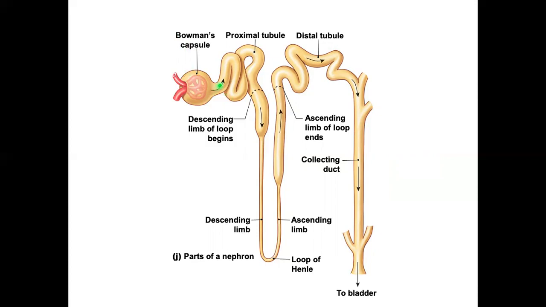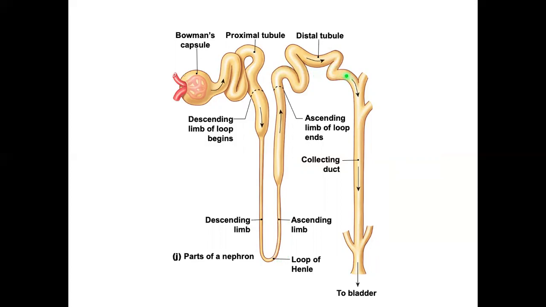The segment that comes next is your proximal convoluted tubule. And then your loop of Henle. Going down is called your descending limb of your loop of Henle, and going up is called your ascending limb. And then your distal convoluted tubule.